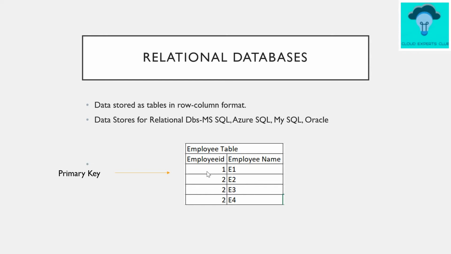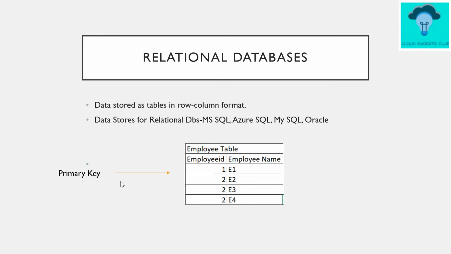In each row, there will be one property which has to be unique. The employee ID has to be unique. There cannot be two employees with the same ID. This field has to be unique, and that's what is called the primary key.